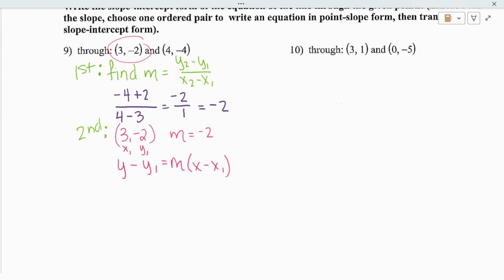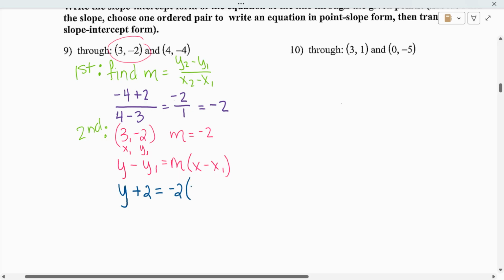Okay, so y minus, what is the value of y sub 1? So minus a negative becomes plus 2. Good job, you guys. Equals my slope, which is negative 2, times x minus, what is the value of x sub 1? It's 3.